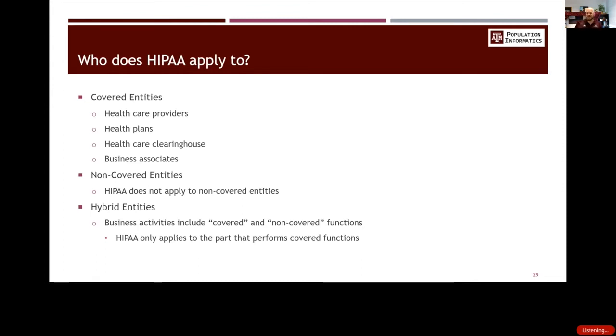But the English department or even the math department are not going to be providing these covered services. So what these large organizations can do is call themselves a hybrid entity and draw a line between the components that do these covered things where HIPAA applies and the other parts of the organization where HIPAA doesn't apply. And there are very specific requirements to this.